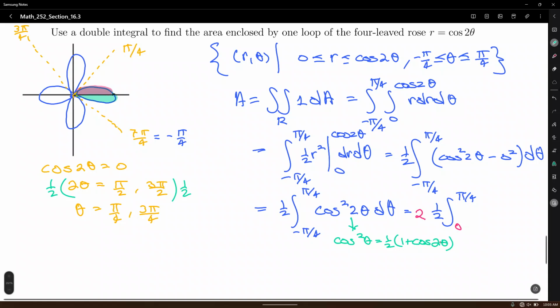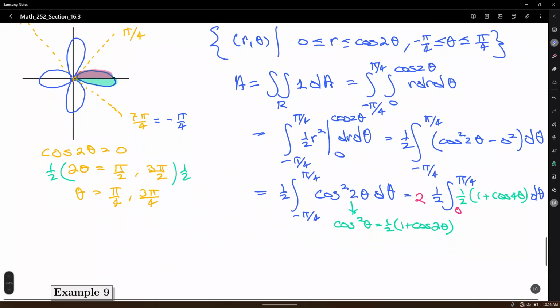So single angle, double angle. However, if we already have a 2 theta right here, duplicating that angle would be, isn't that, cosine 4 theta? Cosine 4 theta. Yes. Careful.